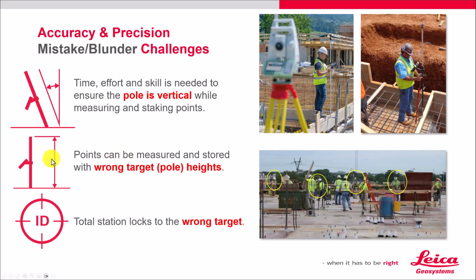And then we have auto target height. So this eliminates you putting in the wrong target height. The pole sends a signal to the instrument that tells it what the height is. And we have target ID that will not lock onto the wrong target. So again, not accuracy and precision, but it is eliminating and minimizing the mistakes and blunder errors.